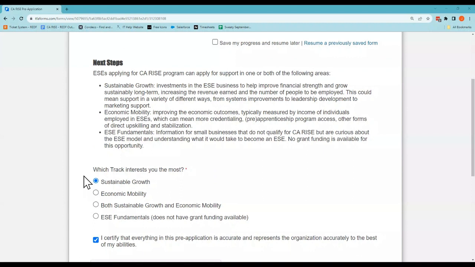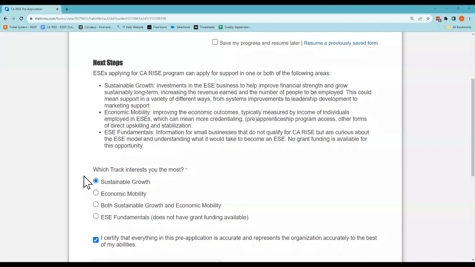Based on these definitions, you will be asked to choose which track you think aligns best with your employment social enterprise. This is a preliminary question to gauge interest and does not align you to one or both tracks. If you are unsure, select the one that you feel you would gain the most value from.